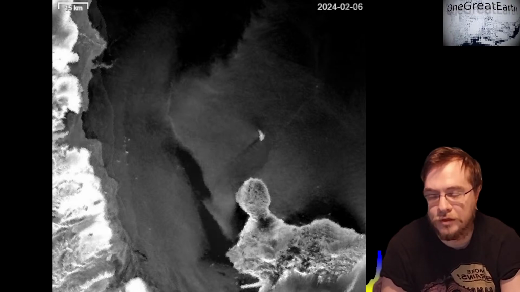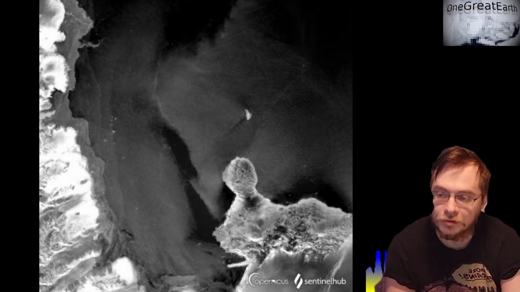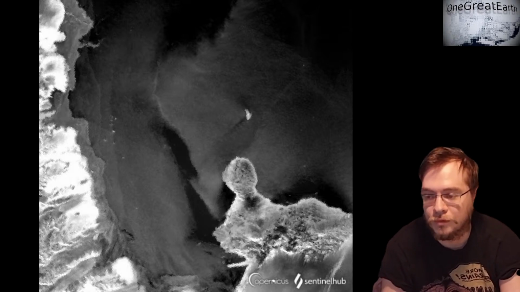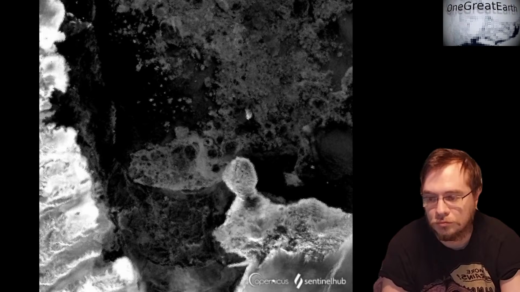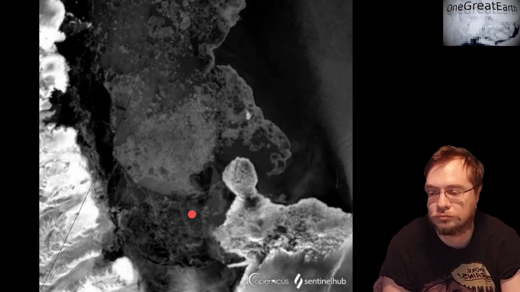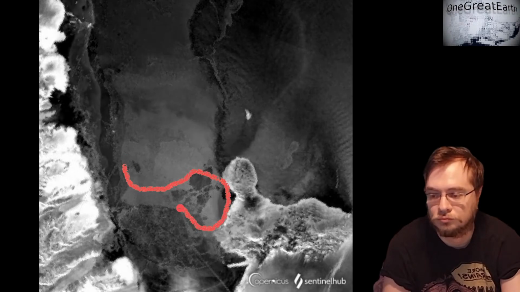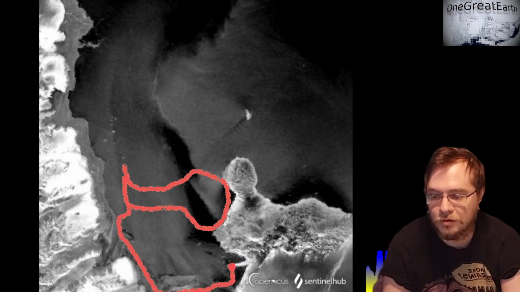Nothing's left of any of those icebergs that we were just looking at, that were just here a moment ago. It's got pulled out by the currents that are always drawing, but there's nothing left. And then it's just gone.